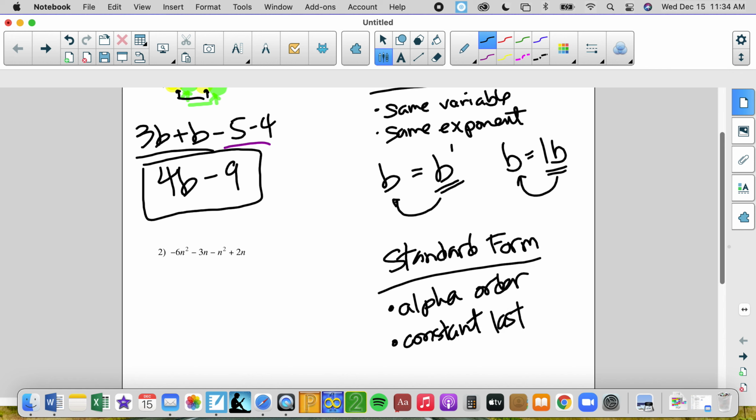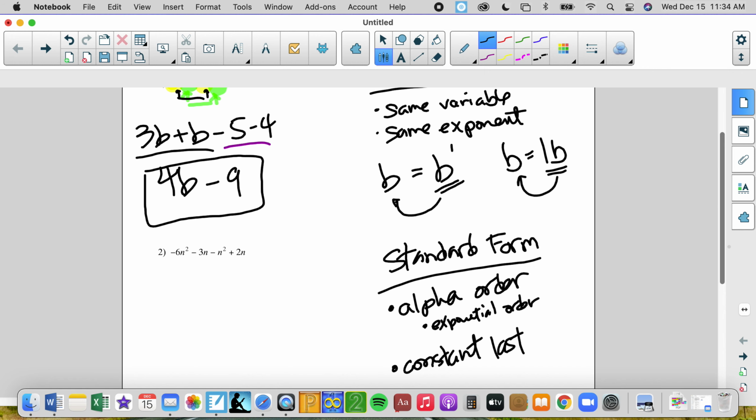So the term with the variable is always going to go first. And if we have multiple variables, it's going to be in alphabetical order. And then if alpha order is the same, we would be in exponential order. And we'll see that in a second. Exponential order, numerical order.